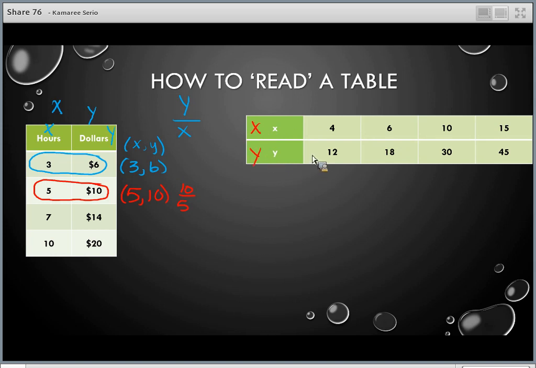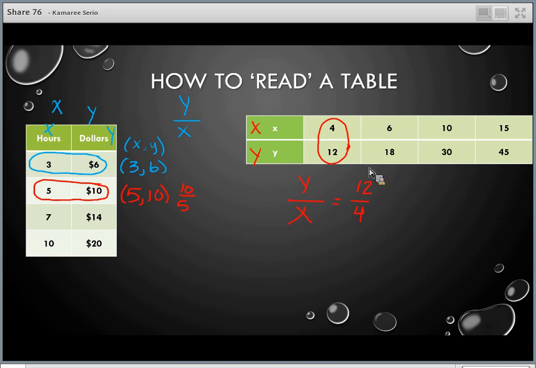Now, when you're creating rates from these type of tables, it is so important that you remember that it is Y over X. Okay, because if you notice, they're flipped. It's upside down. So when I take this 4 and 12 and I write this as my ratio, it should actually be 12 over 4.